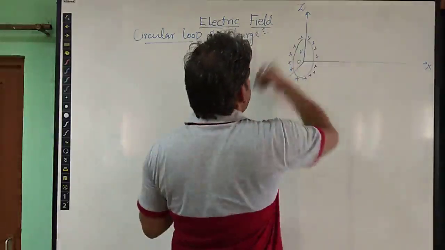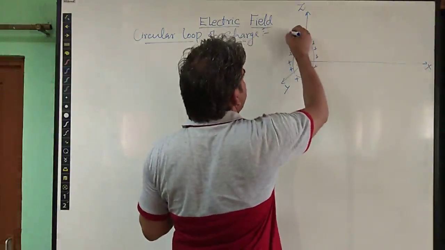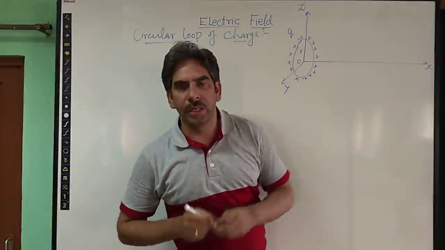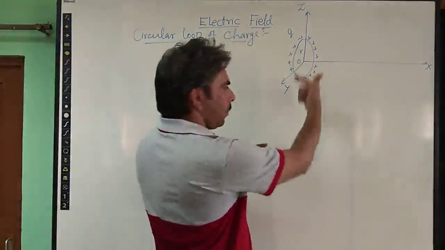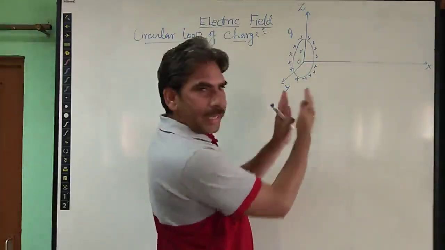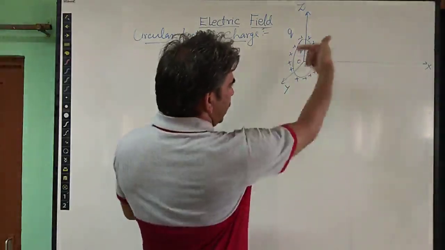And the magnitude of charge which is distributed over this circular loop of radius R, let it be Q. So Q is the amount of positive charge which is distributed. You can imagine this loop as lying perpendicular to the board, half portion of which is lying outside and half portion of which is lying inside.